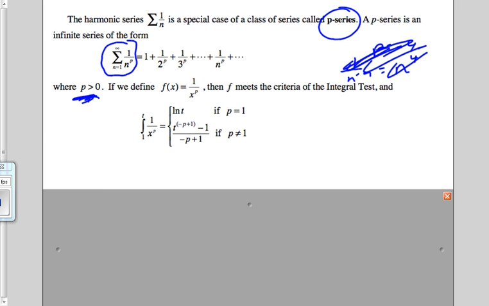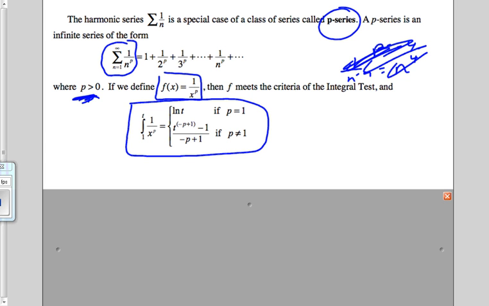And therefore, we could say, let's let f of x be 1 over x to the p, and we want to talk about the integral test now in general. And we get this nice rule here, and I'm going to redevelop that.